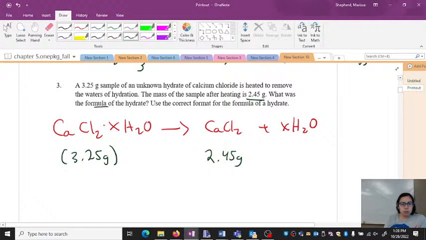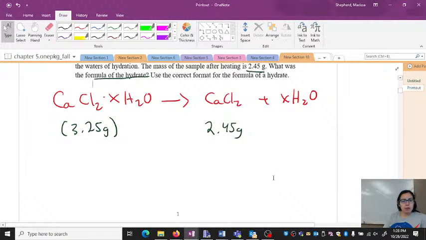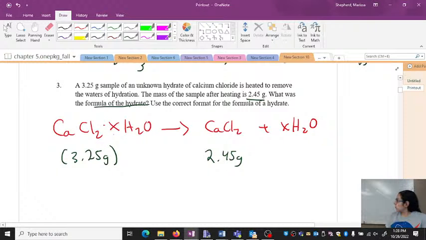And now it asks what's the formula of the hydrate. This is exactly what we're going to be doing in the lab. What we want to do is find the moles of our calcium chloride product. We have the mass of that, we can find the molecular weight, we know how to do that, so we can find moles of calcium chloride.